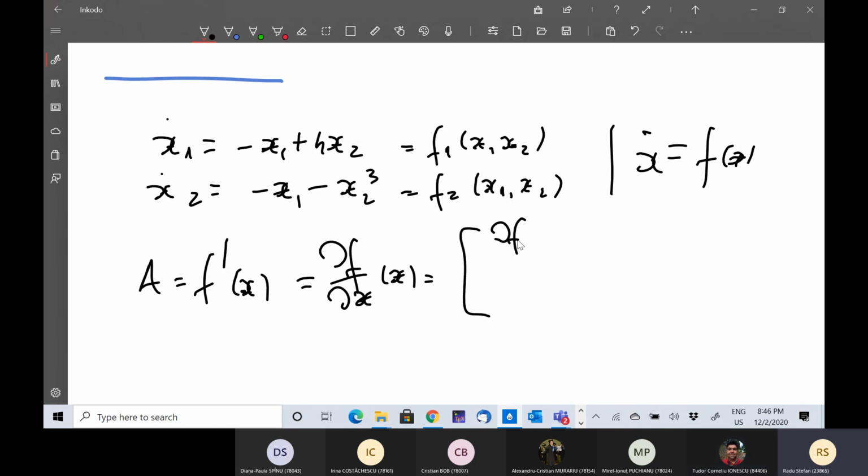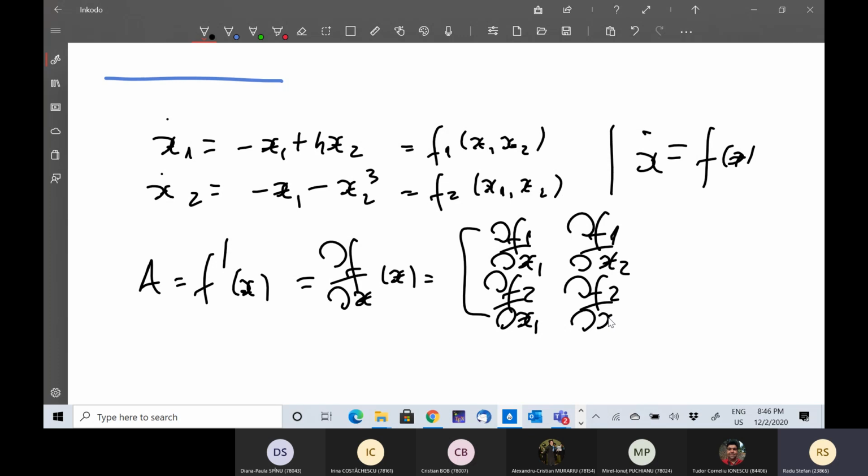So this works like that: df1/dx1, df1/dx2, df2/dx1, df2/dx2, and of course everything in a given point x, right?